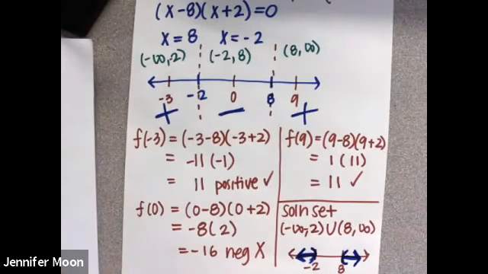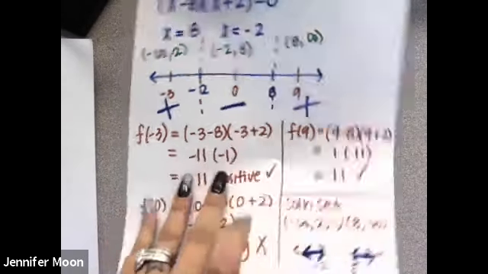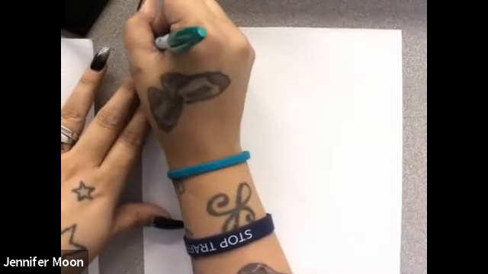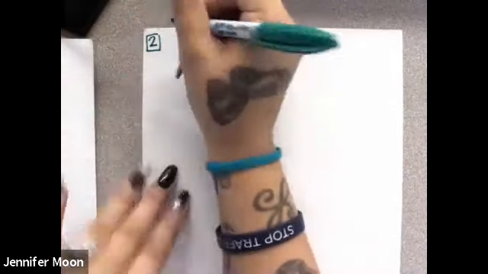Okay, so we're going to do the second example. So it's x squared -11x positive 18. Y'all, this one also happens to be greater than 0.